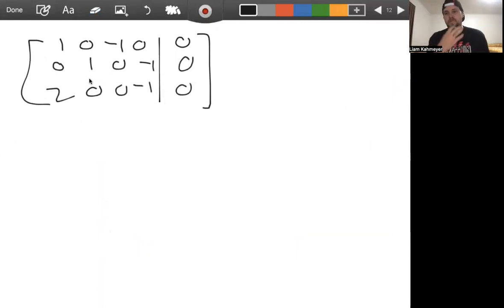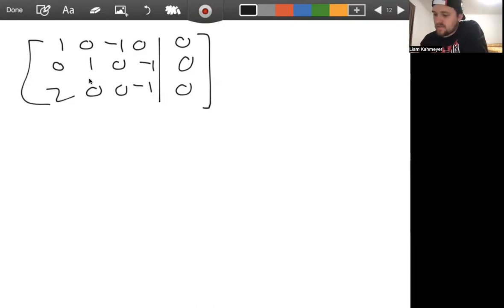Now our pivot positions are diagonal for the first two rows, but the pivot position in the third row is not diagonal, but that's fine because I know it will be eliminated when we use a row operation to convert that entry to a 0. And so that's the next step in this algorithm for converting this augmented matrix into a reduced echelon form matrix.